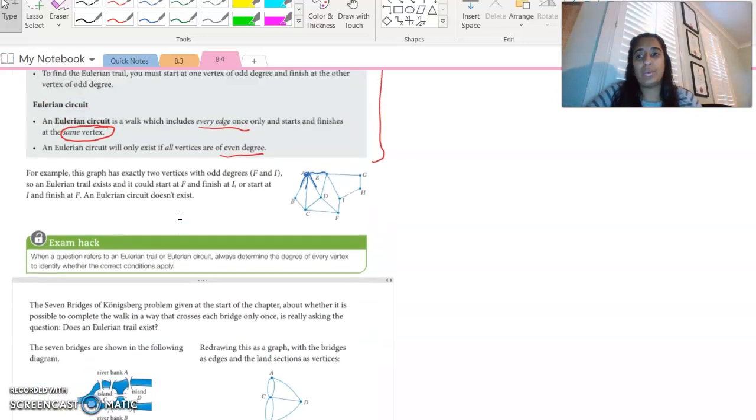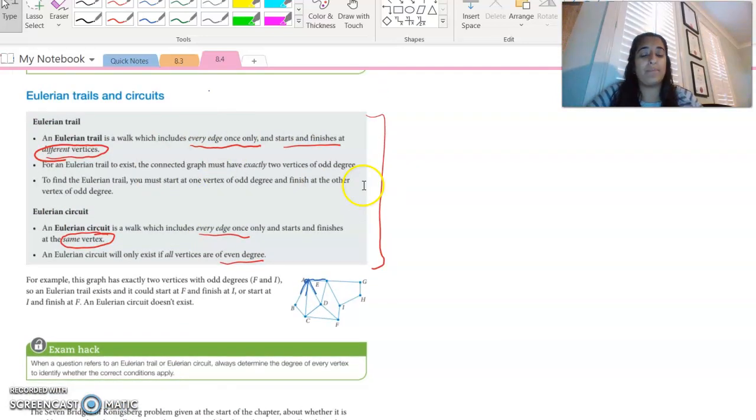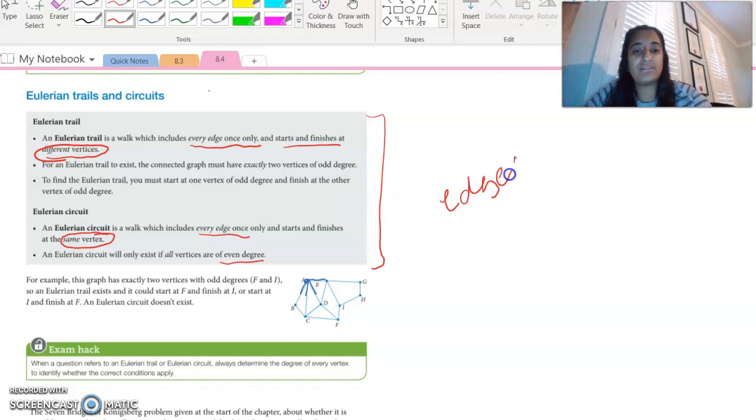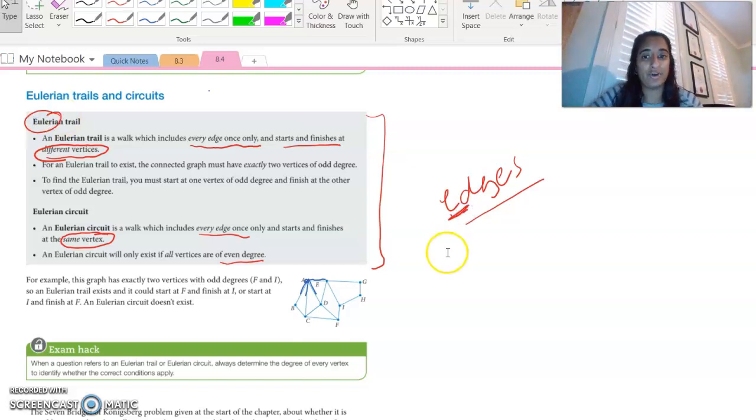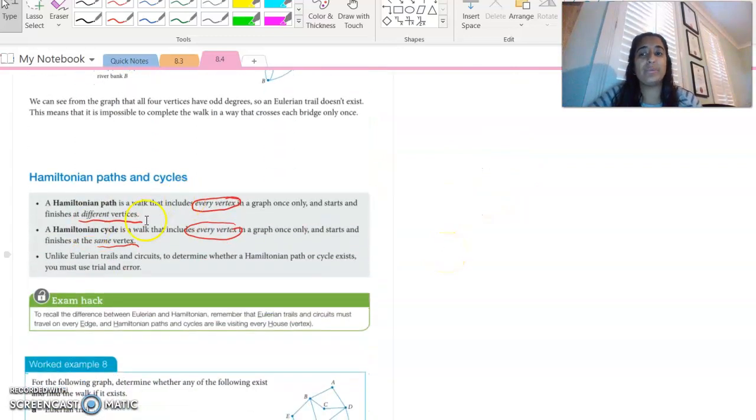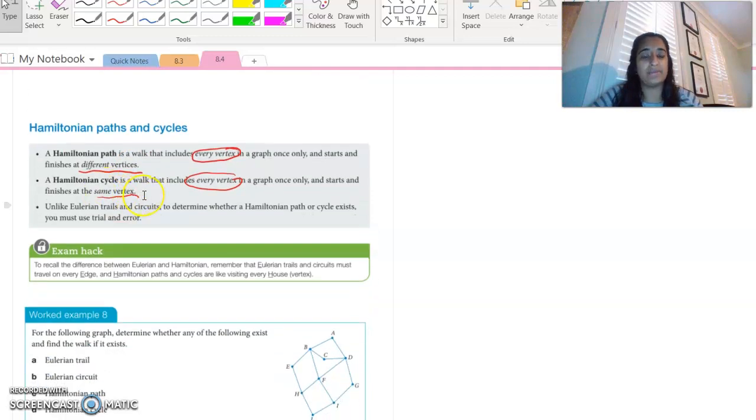So where Eulerian circuits are looking at edges, crossing the edges once, the way that I remember it is Eulerian starts with E, edges start with E, so that's our focal point. With Hamiltonian, we're focusing on passing through every vertex only once. Whether it's a path, it's going to start and finish at different vertices. If it's a cycle, we want to finish and start at the same vertex.